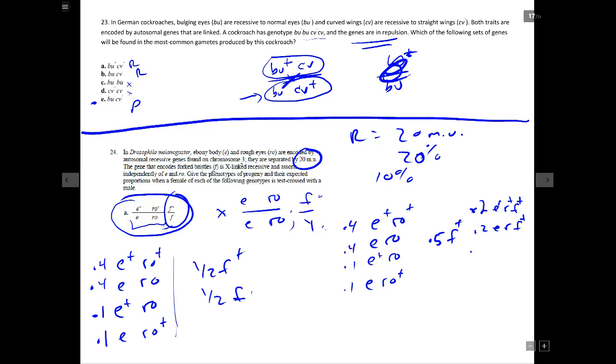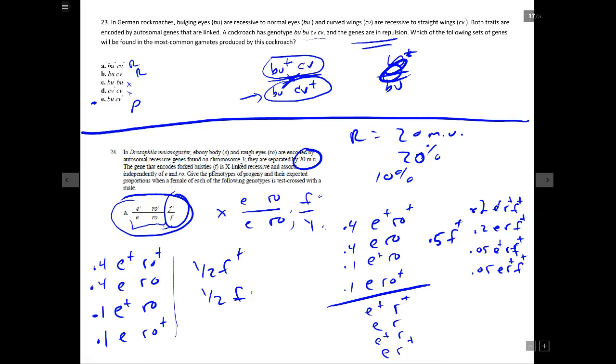0.1 times 0.5 is 0.05. E plus R F plus. 0.05 E R plus F plus. And then you'd have the same numbers for the other things. So the other half would be E plus R plus, E R, E plus R, E R plus.